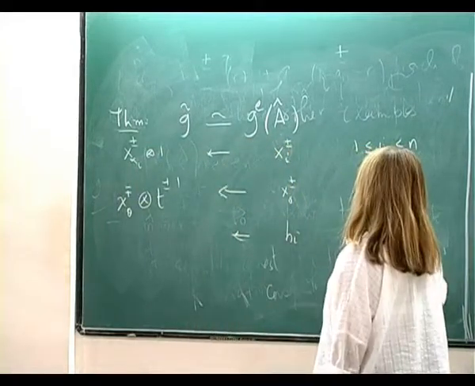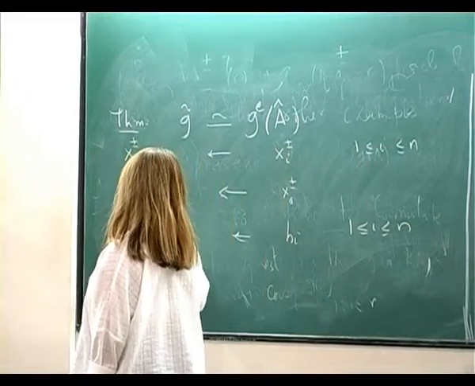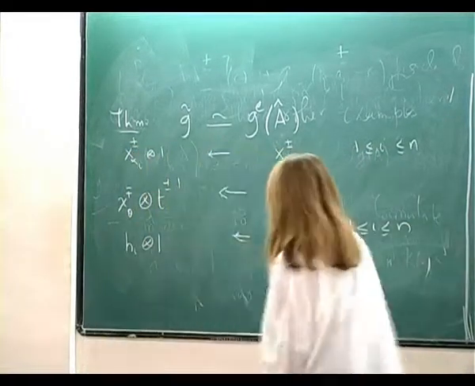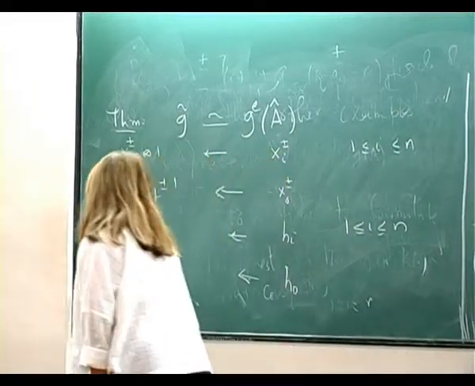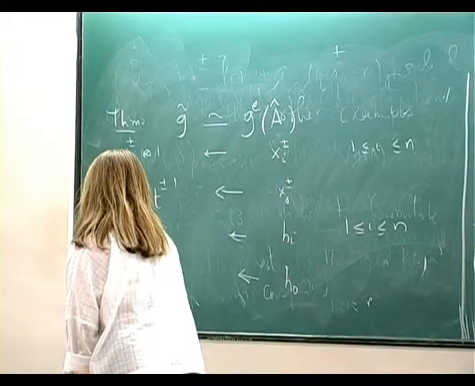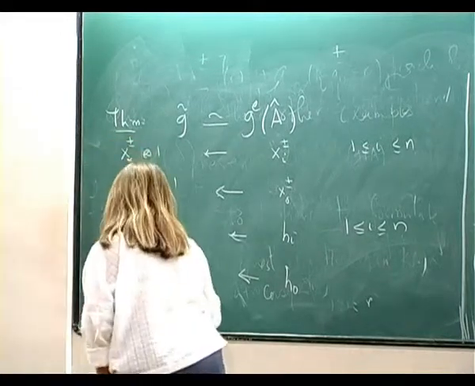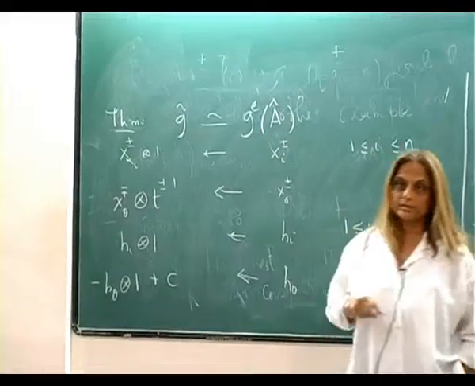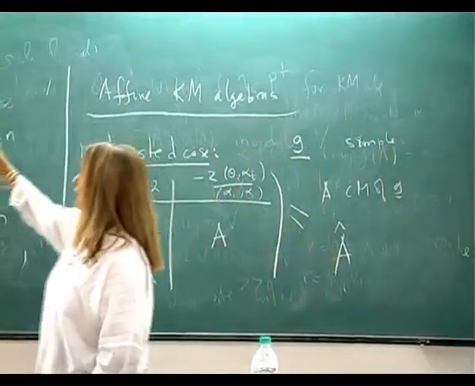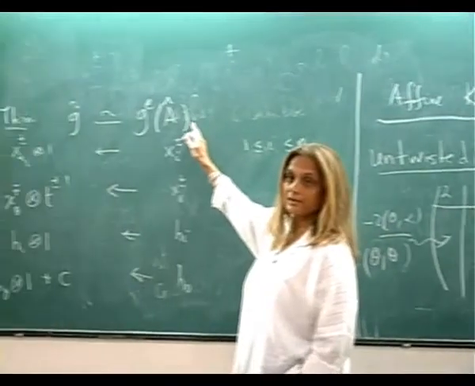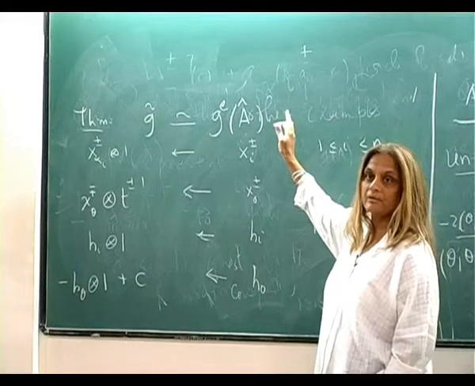The h i, well, what does the h i go to? For 1 less than or equal to i less than or equal to n, it will go to h i tensor 1. And h 0 will go to minus h theta tensor 1. But now, I have to allow for my central term, so I'll control my central term with a c. I have to remember when I was doing my definition of the Kac-Moody algebra, I had to give myself an extra generator, which I call d 1.